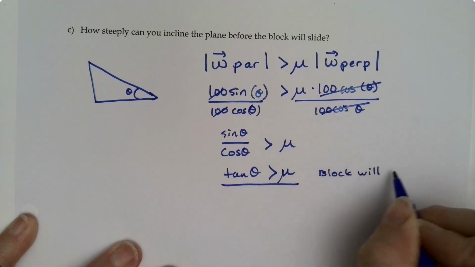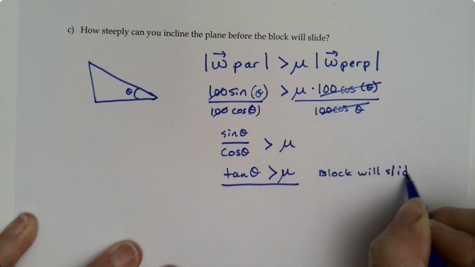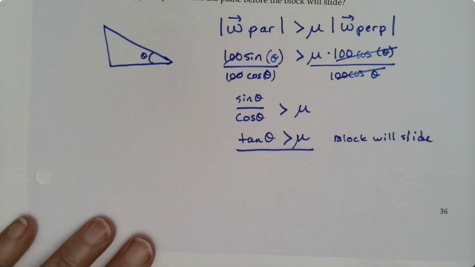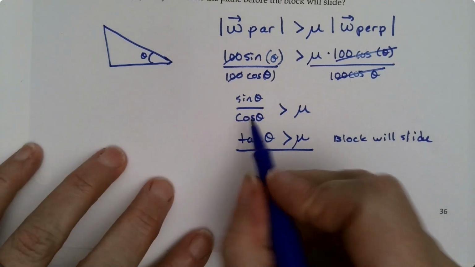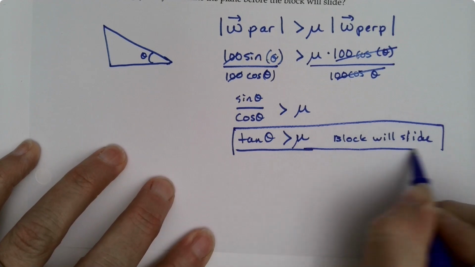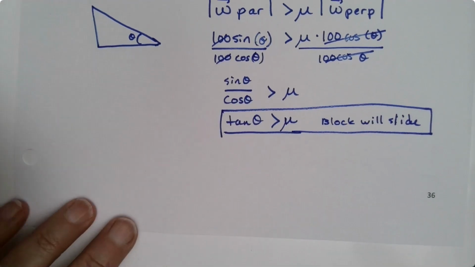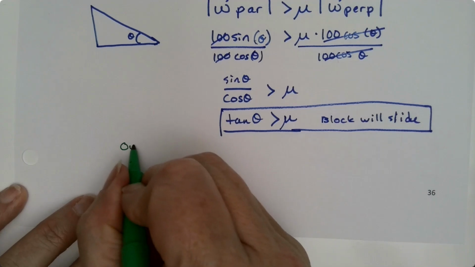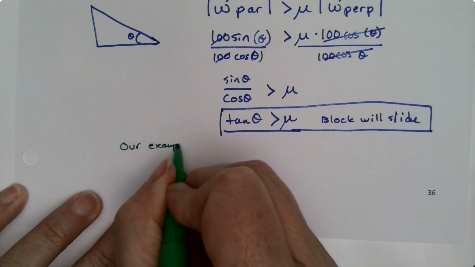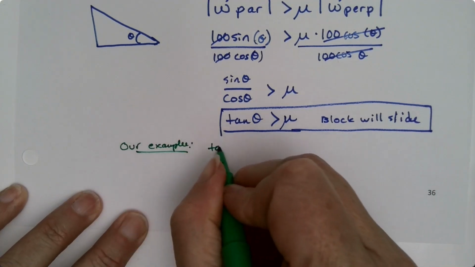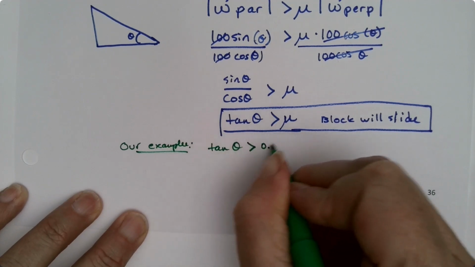Now let's use our particular example. I'm just going to put a box around that. For our example, we want the tangent of theta to be greater than 0.65.